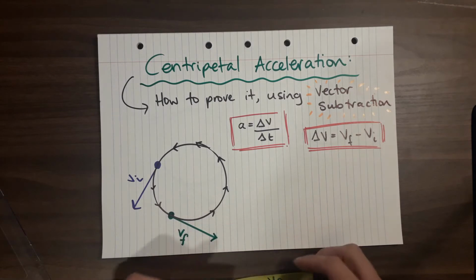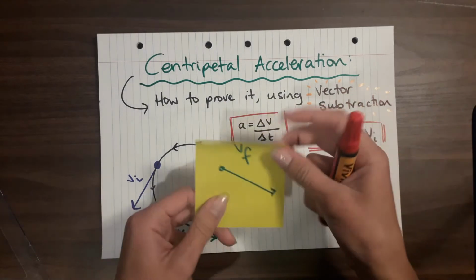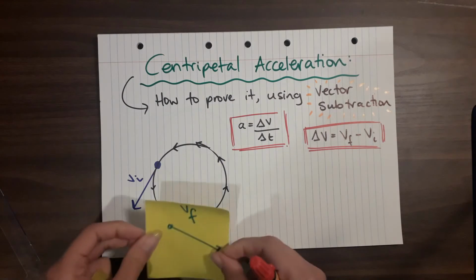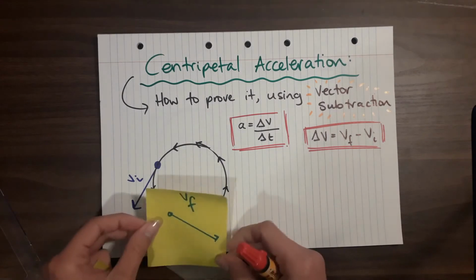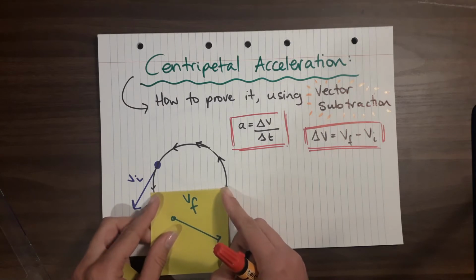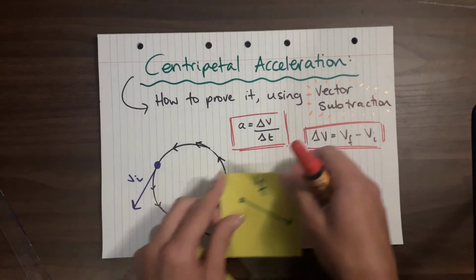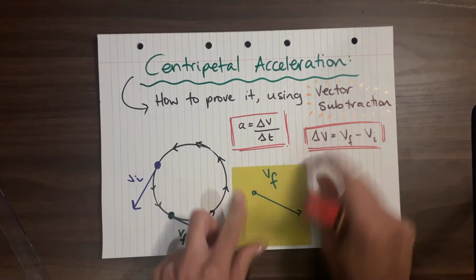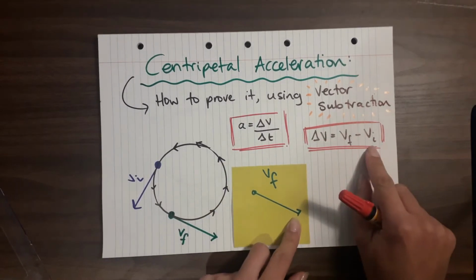Okay, so what I've done is I've got post-it notes here. I've just kind of copied the vector, as you can see. So this is approximately the same kind of size and the same angle. So there's my final velocity. I need to take away my initial velocity.